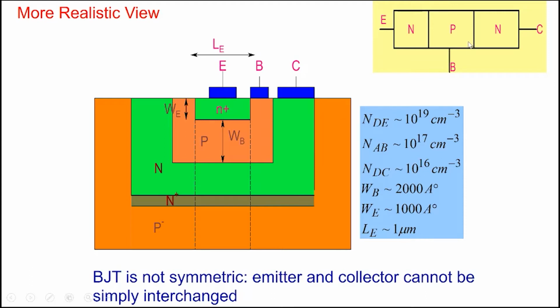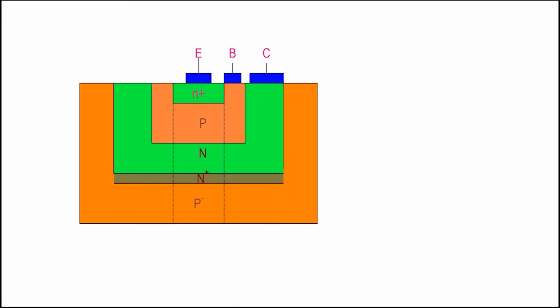So the two are not reversible. You cannot simply interchange emitter and collector and expect the transistor to remain the same. The emitter has a well-defined region here with very heavy doping, and the collector has very light doping, and that has consequences for current gain and other properties; breakdown voltages, all those other things depend on doping.